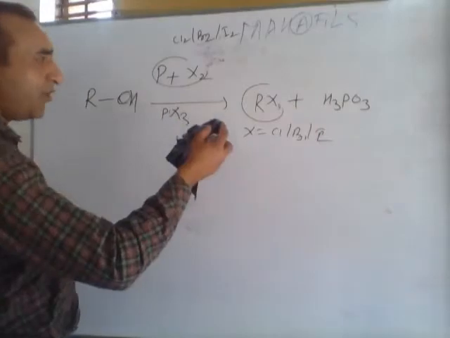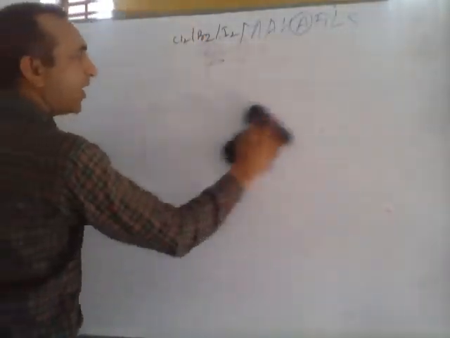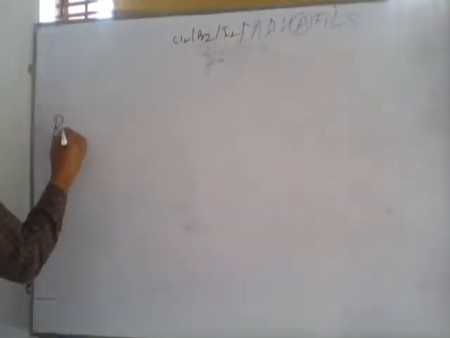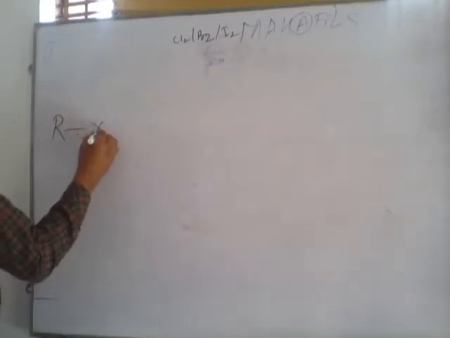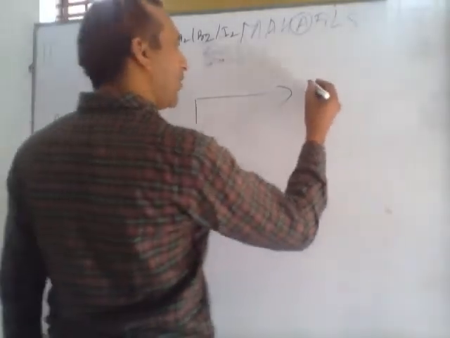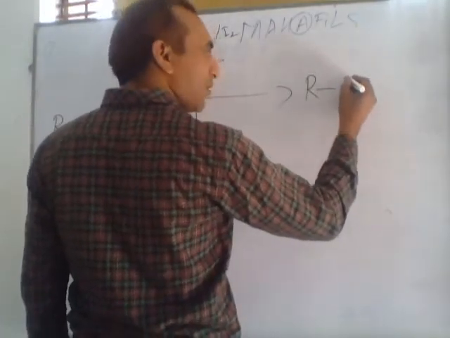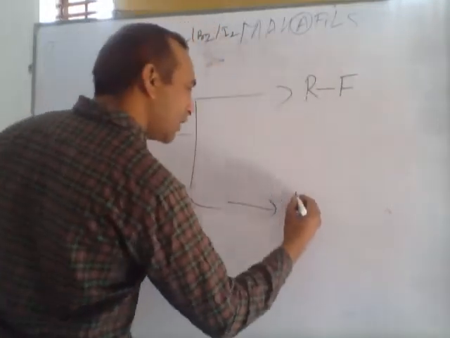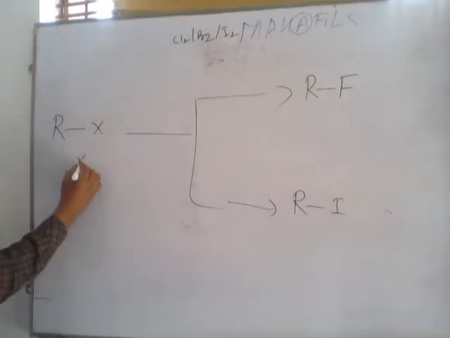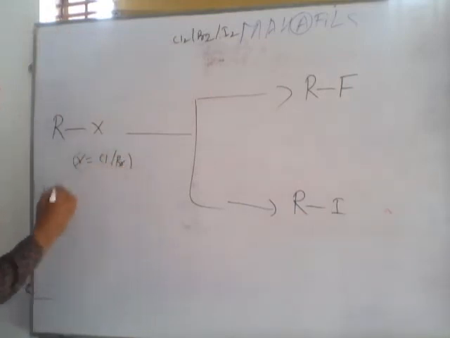Listen. If we want fluoro or iodo compounds, there are different techniques. Suppose this is RX, where X may be chlorine or bromine. From RX we want to prepare RF or RI.